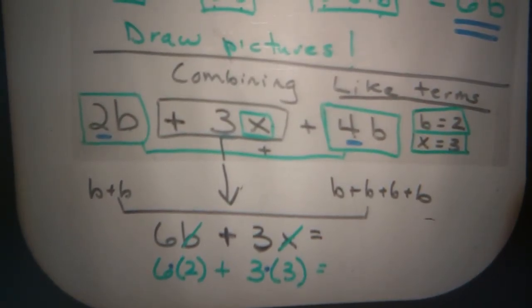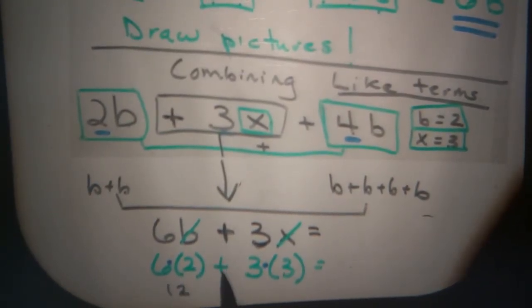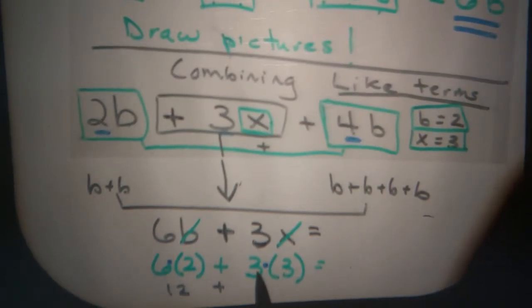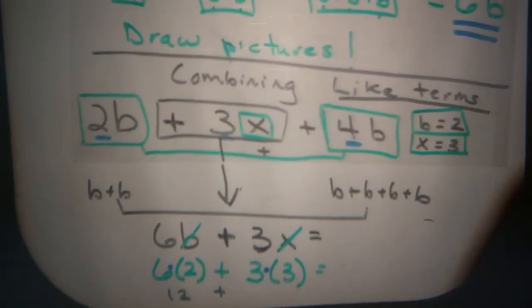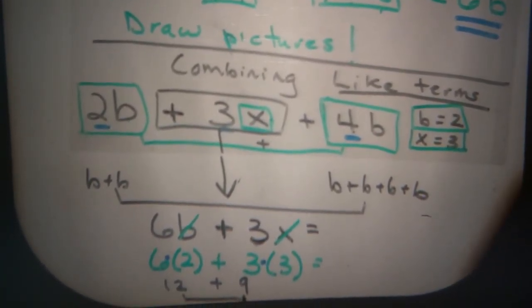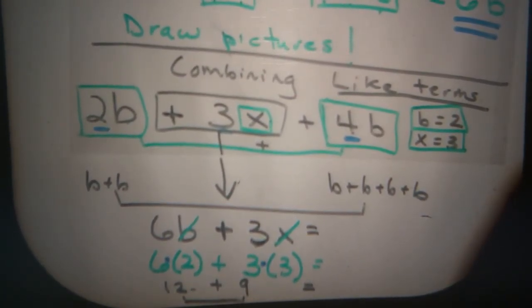So what is 6 times 2? 12. Bring down the plus sign. What is a positive 3 times a positive 3? 9. Here we have like terms again. 12 plus 9. We have 12 and 9. So we just add that together.